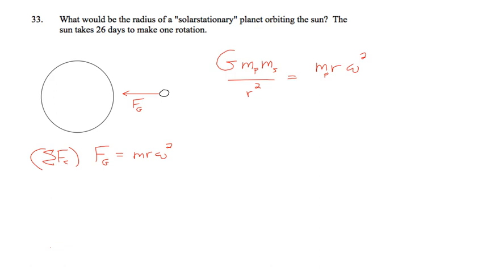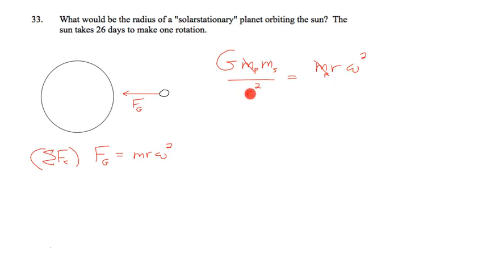So the next thing is we can cancel out the mass of the planet on both sides. And if I solve for r, I'm going to try to do this in one step. If I multiply both sides by r squared, then I'd only have the numerator here, the G and the M, and if I multiply this side by r squared, I'm going to get r cubed. So we need to get rid of the omega squared. If I divide both sides by omega squared, it would come down here.